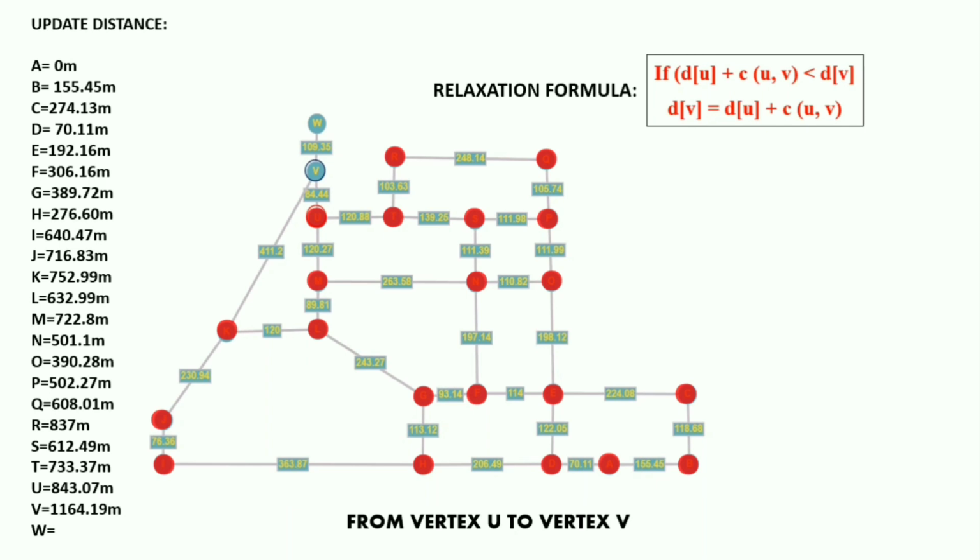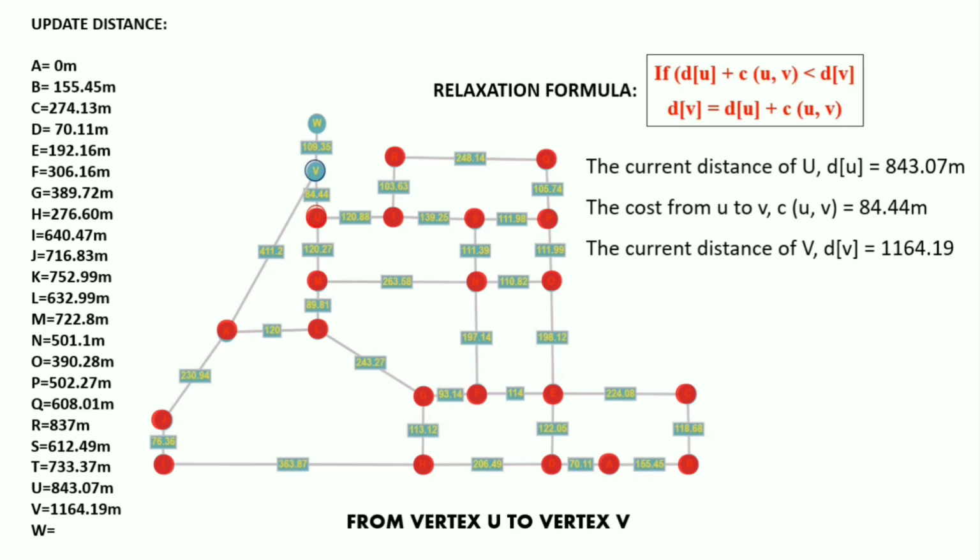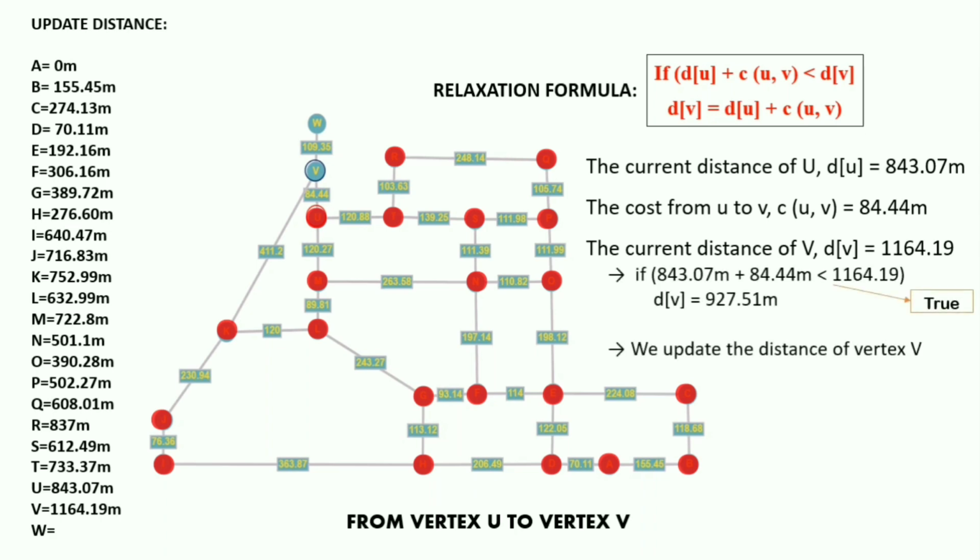So we perform relaxation to the connected vertex. From vertex U to vertex V, the current distance of U is 843.08 meter, while the cost from U to V is 84.44 meter, and the current distance of V is 1164.19 meter. So this is the condition. It is true, so we will update the distance for vertex V.